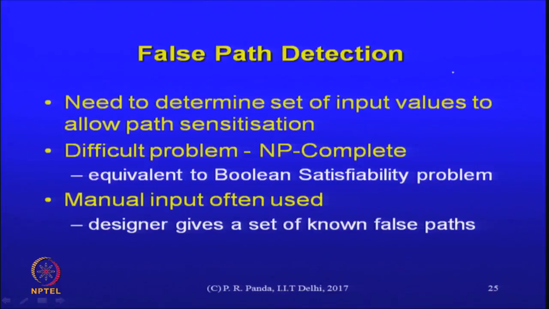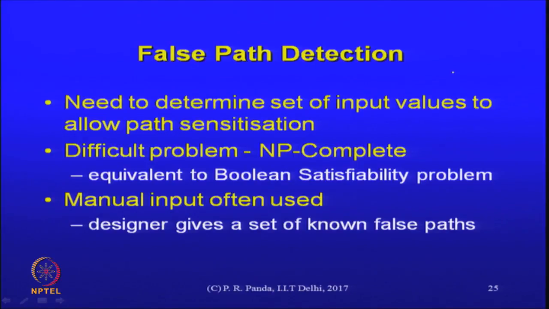How do you ensure those are true? You have to solve the satisfiability problem that ultimately assigns values to primary inputs such that these functions are all true. So, this of course is the classical Boolean satisfiability problem.